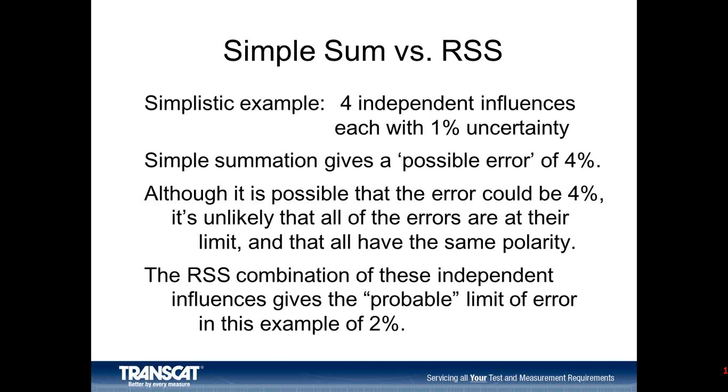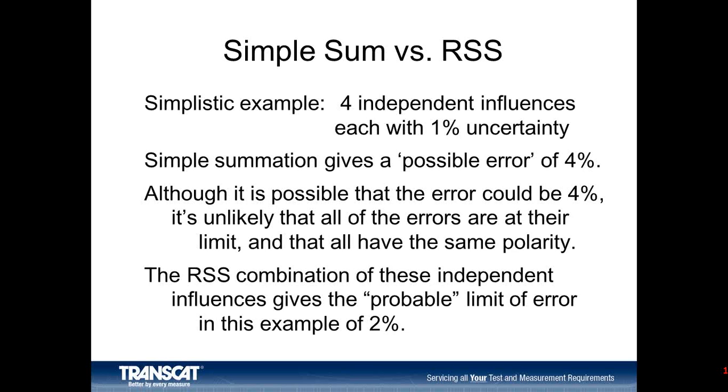An example of this, at least an example of the impact that this has, in a fairly simplistic case: let's say that there are 4 uncertainty influences that we're considering. They are independent from each other.